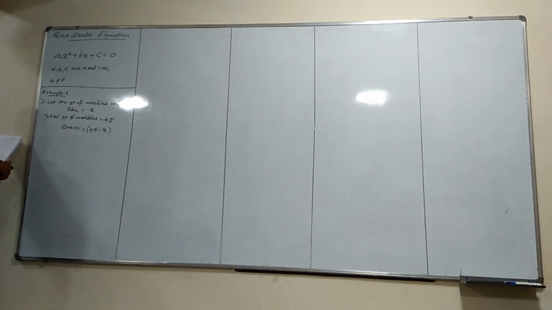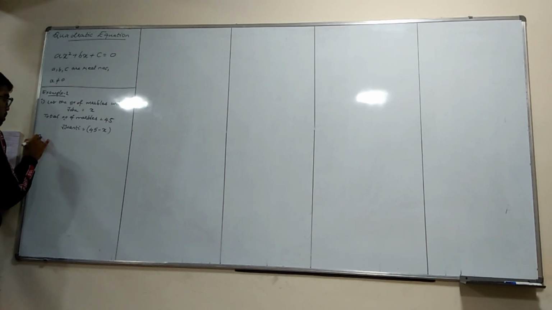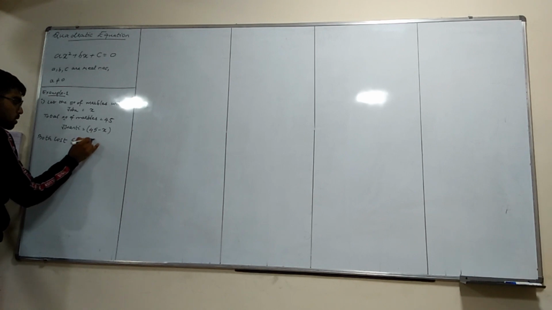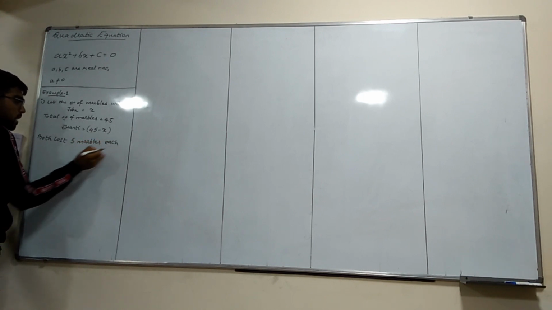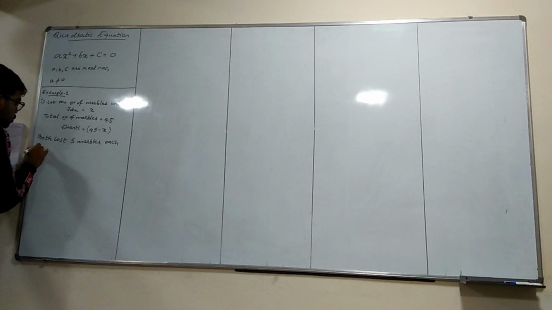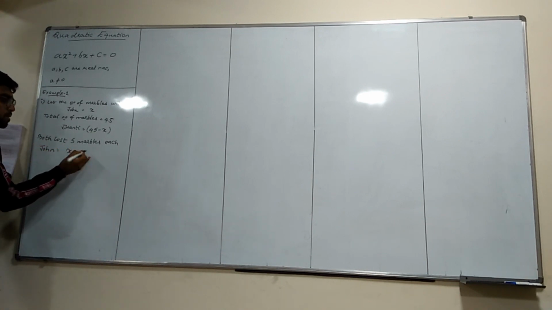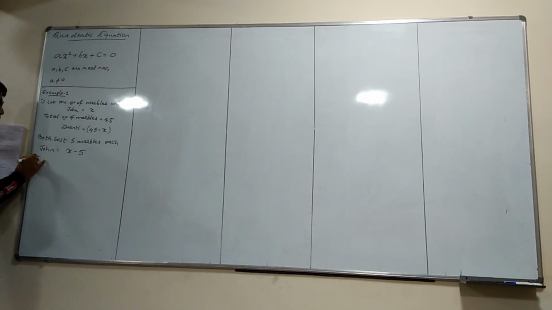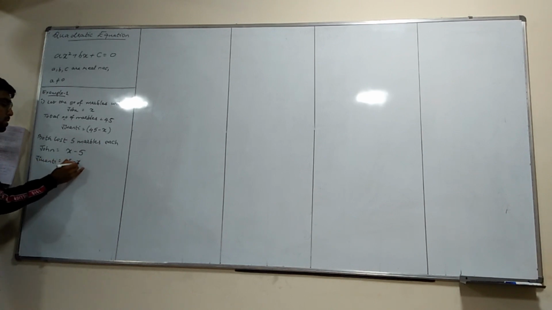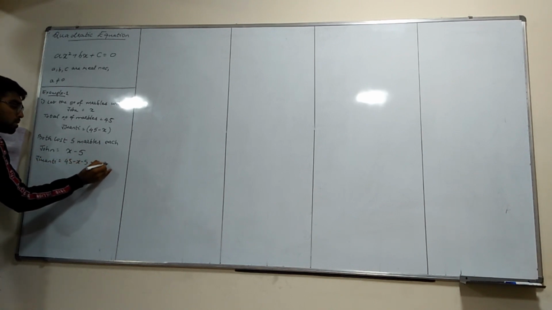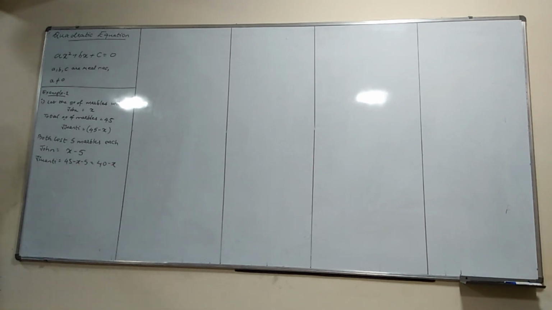If both of them lose 5 marbles each, that means John will have how much? x minus 5. What about Jeevanti? 45 minus x minus 5, that is 40 minus x. Clear?